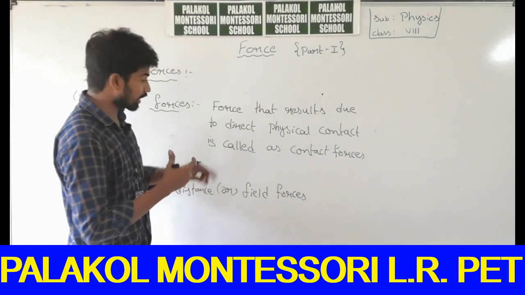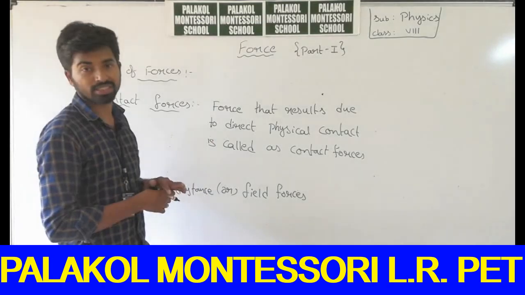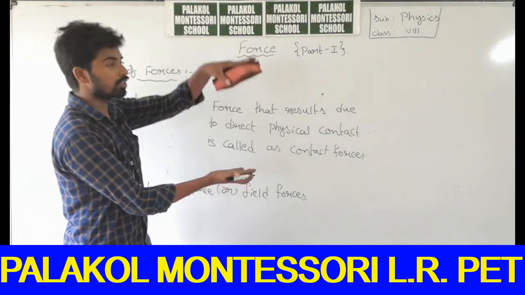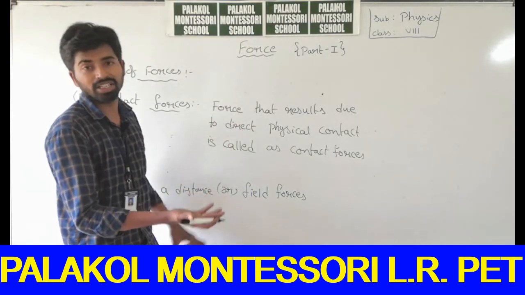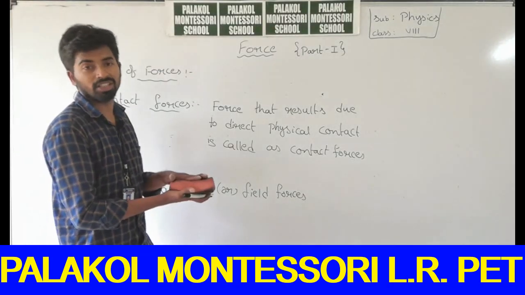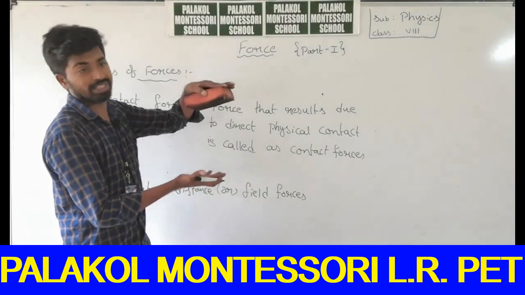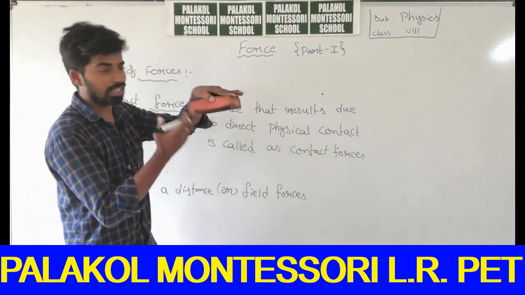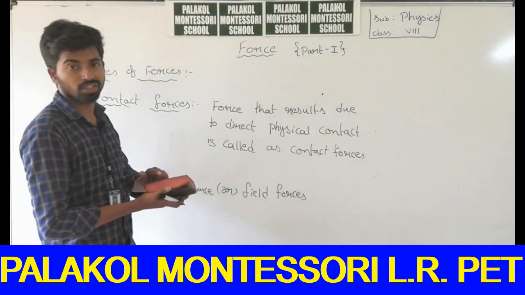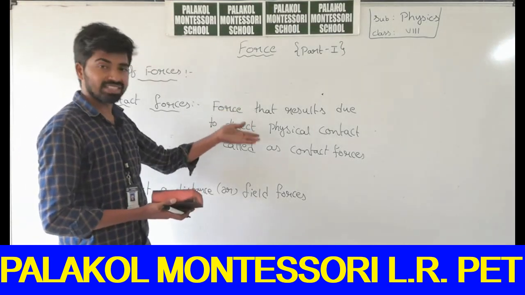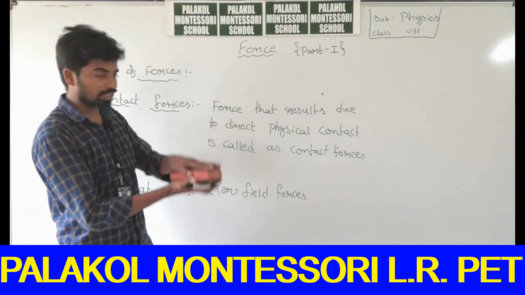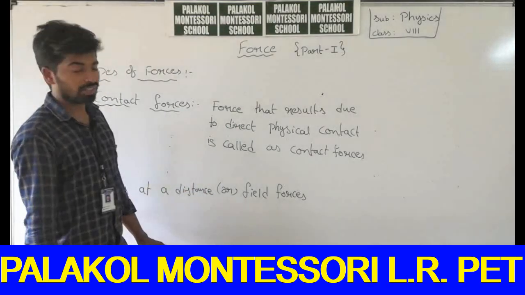These types of forces come under contact forces. You are able to lift this object only with direct physical contact. The force applied will be experienced by this object. Such forces are called contact forces. The forces which result from direct physical contact are called contact forces.